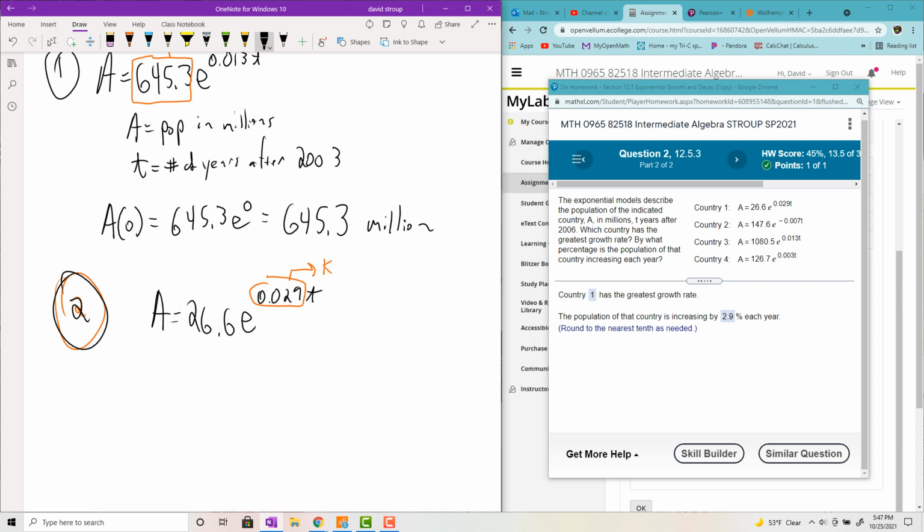The second country has a negative k value, so its population is decreasing. The third country is positive, but it's only 0.013, which is less than country 1. The fourth country, 0.003, is less than country 1 as well. So the country with the greatest growth rate is country 1.